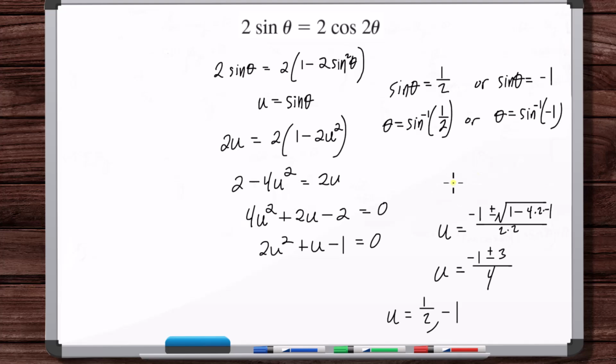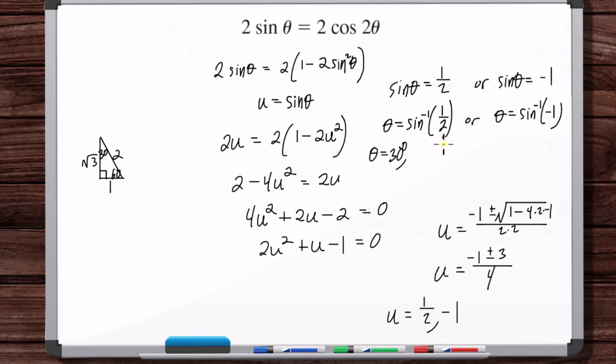Okay, so 1 over 2, that would be the 30, 60, 90 triangle, 1, root 3, 2. So sine of 30 is 1 over 2. So theta is equal to 30 degrees.